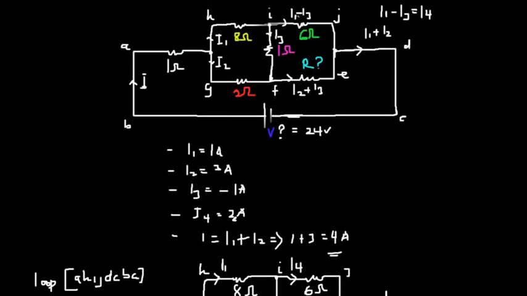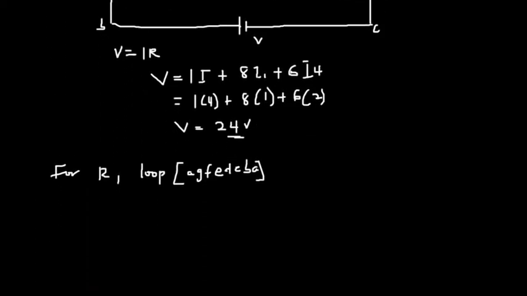This is the loop we are choosing: A G F E D C B A. This entire loop. So let's redraw that and then proceed from there.